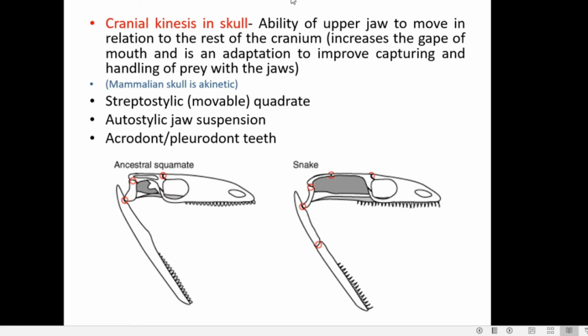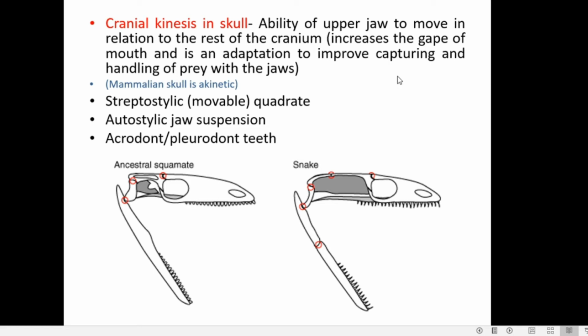This phenomenon of cranial kinesis is the ability of the upper jaw to move in relation to the rest of the cranium, whereas in the case of mammals, the skull is said to be akinetic because the upper jaw is completely fused to the cranium, and it cannot move in relation to the rest of the skull. This is not the case with squamates, where the upper jaw is able to move in relation to the rest of the cranium.